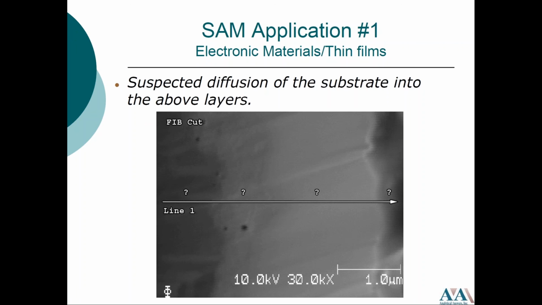ESCA would be used to depth profile, combined with FIB to make sure we're getting through the proper thicknesses and that the thicknesses are what you believe they are, and to confirm that we've gotten down to the right layer.